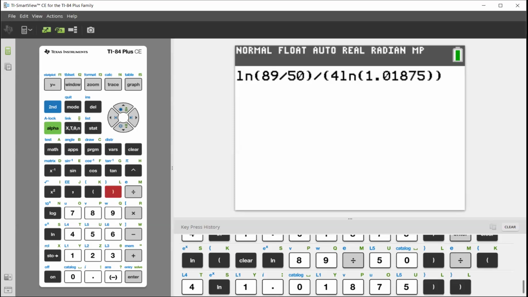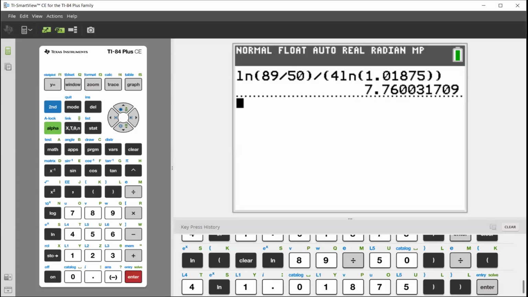Close the argument, close the denominator. Oh, this one looks good now.